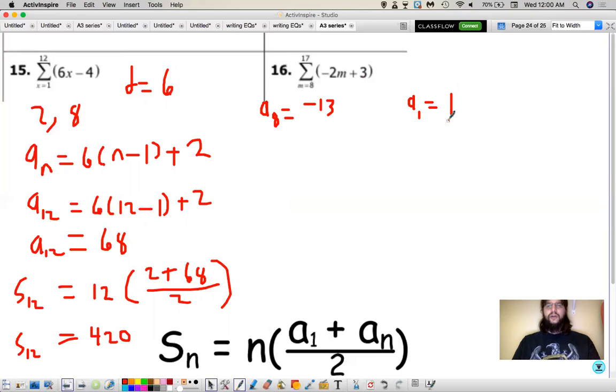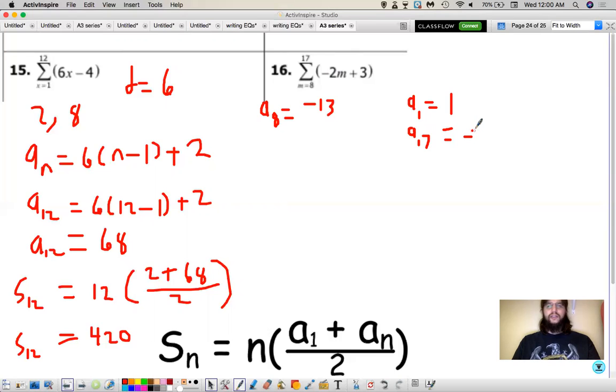Okay, so I'm going to do some work over here to find out what A17 is, because my common difference is -2, because that's the coefficient of my variable. Wait, what?